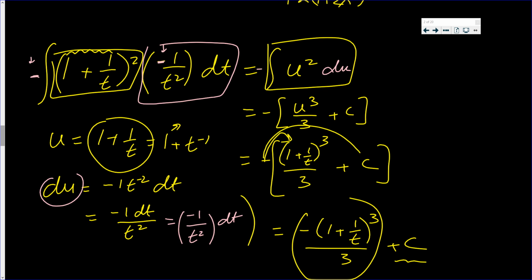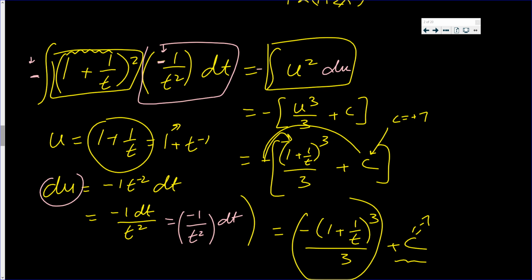Okay, if that c is negative 7, then this c will be positive 7. If this c was positive 7, then that c here is negative 7. It's just a c. It can be any number I want. But either one should be accepted without any question.